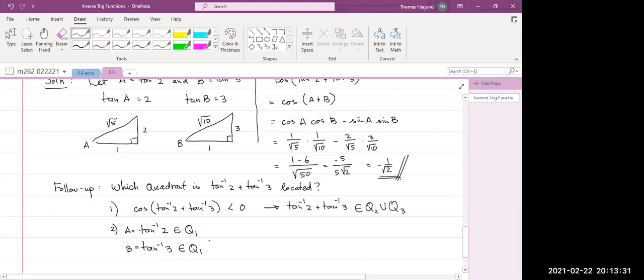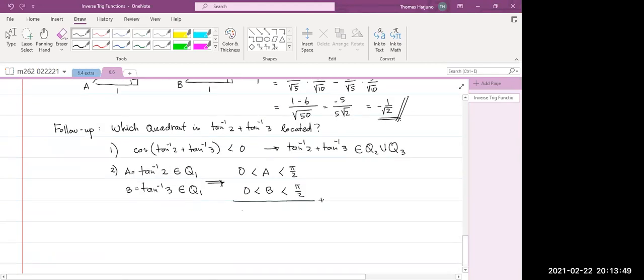Now that implies A is between 0 and pi over 2. B also from 0 to pi over 2. The sum must be between 0 and pi.